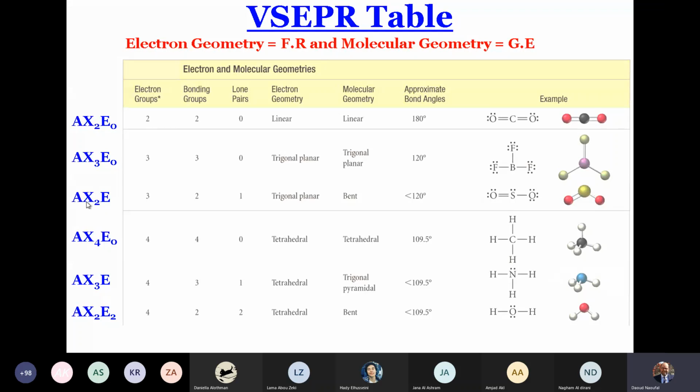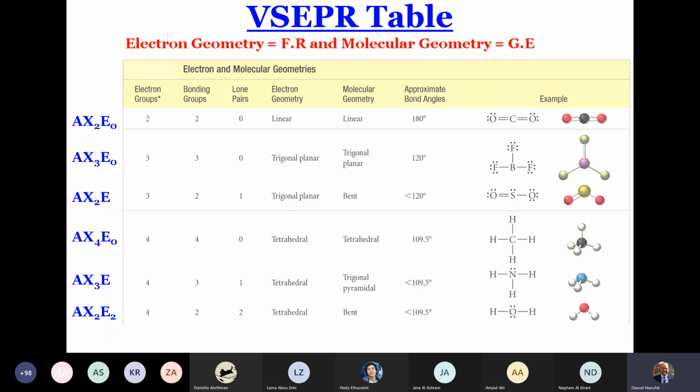The figure of repulsion of AX2E is the same as AX3, but we have 2 lobes for AX and 1 lobe for E. So since the figure of repulsion is the same as AX3, it is trigonal planar.